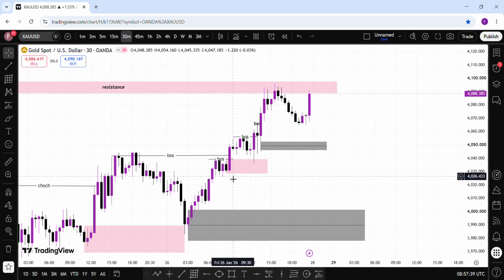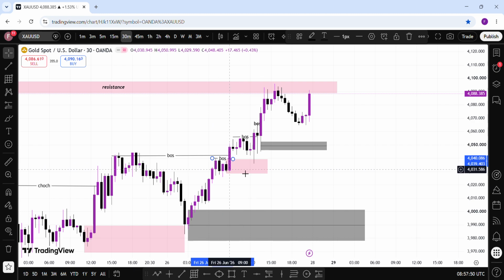You understand? Then we have this tiny break of structure here. We have this tiny break of structure here. And you can see the other block has been mitigated and tapped into this resistance and gave us a little sell momentum, sell drop down.